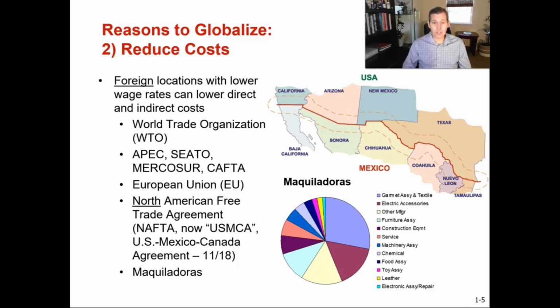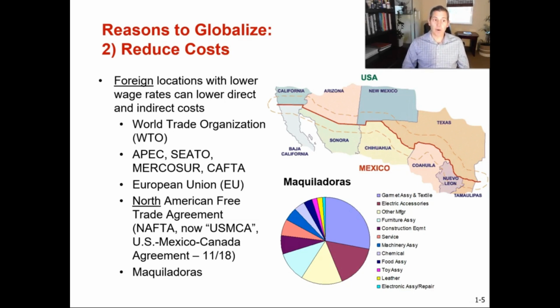So if you're a large organization with a large manufacturing facility, you can save millions and millions of dollars by just moving your operations an hour south, because those foreign labor rates are going to be lower.